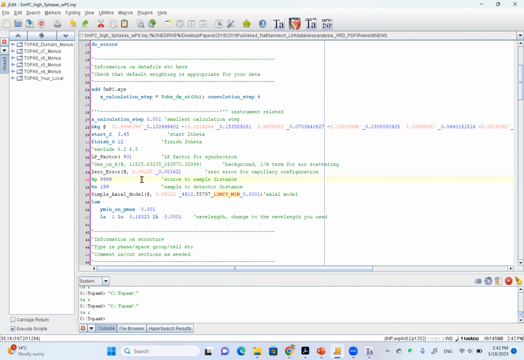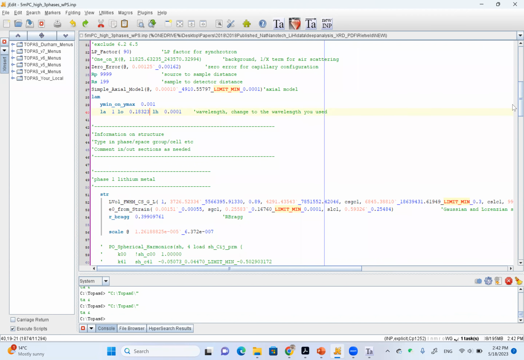Also you have some sample distance parameters, and this simple axial model to account for the asymmetry of your low angle peaks, and we're creating a wavelength here. So those things are the same.